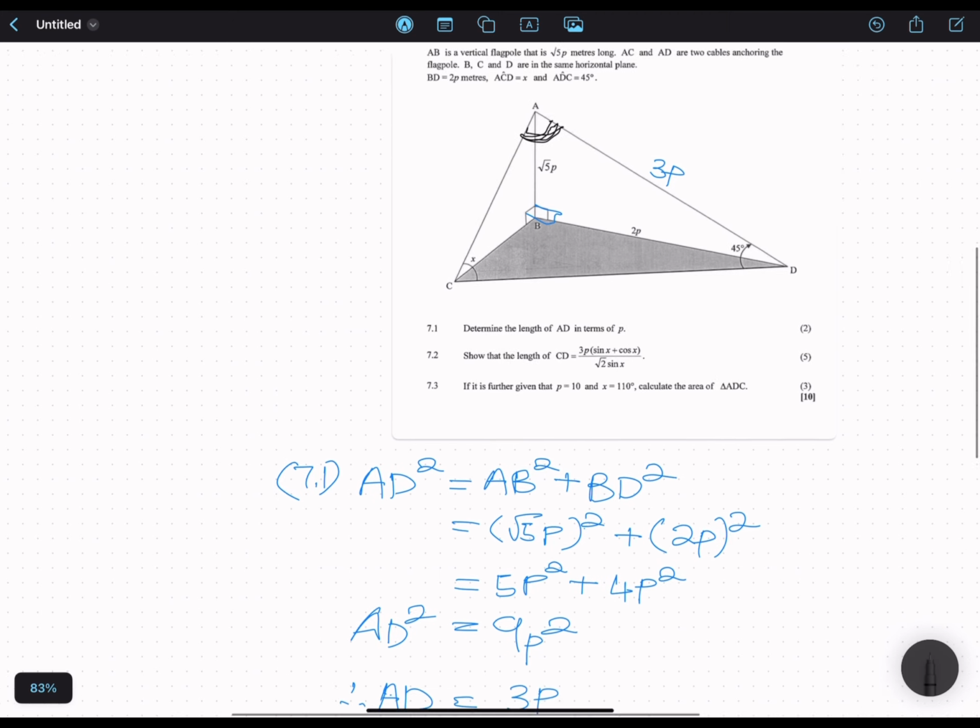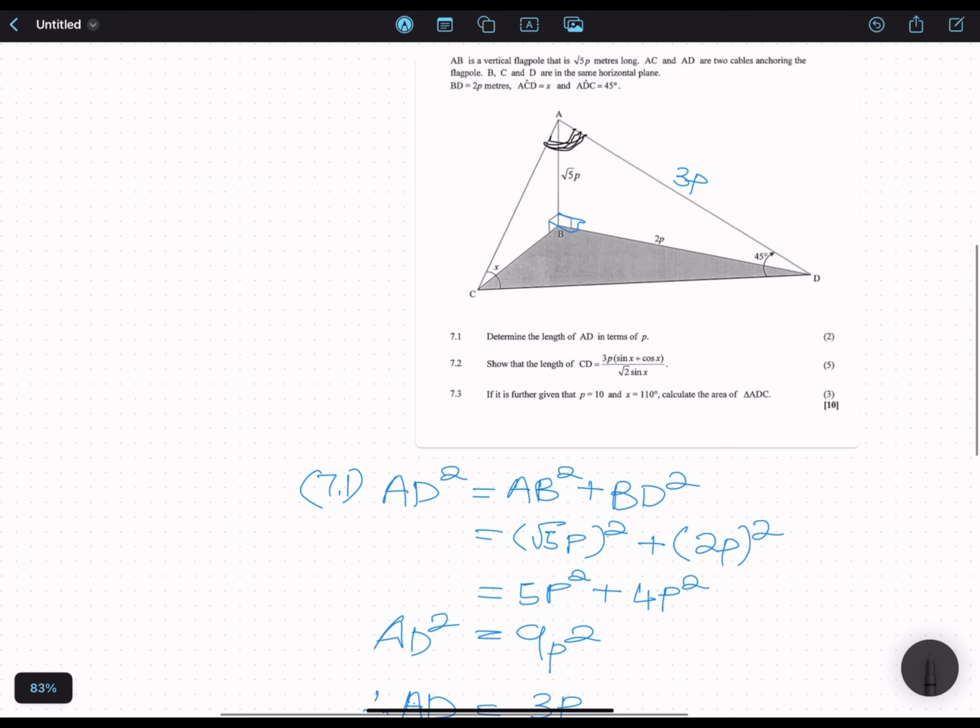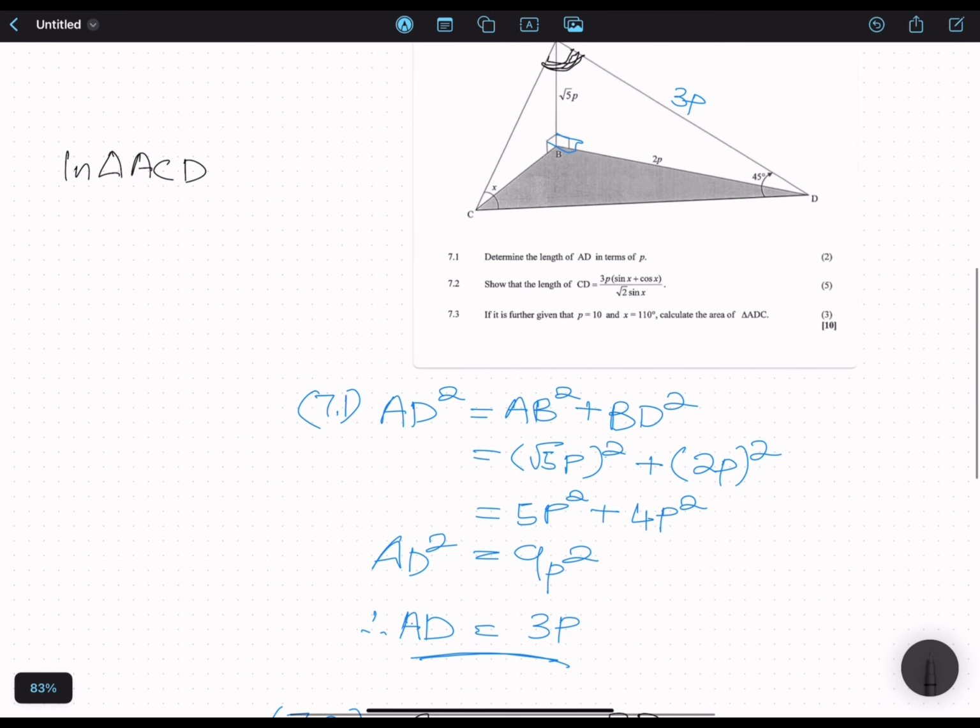For us to find this angle, we know that in triangle ACD, for example, the angle we want, which I named CAD, angle CAD plus this angle here, which is 45 degrees, plus this angle, which is x, equals 180.